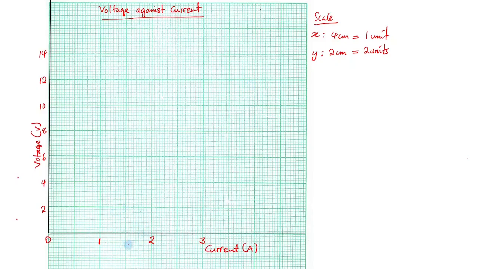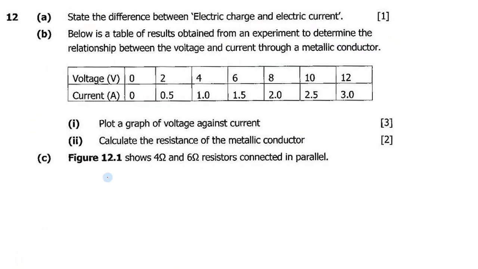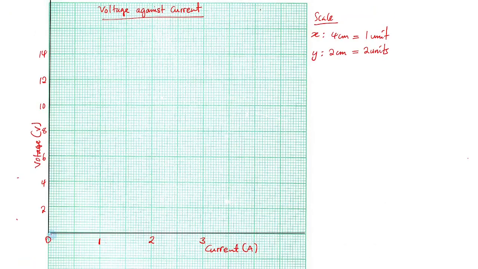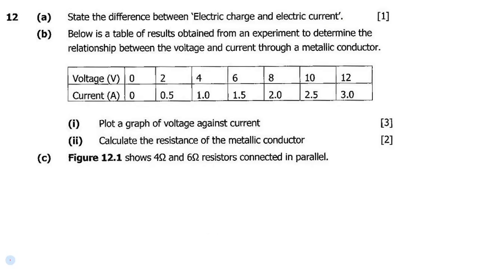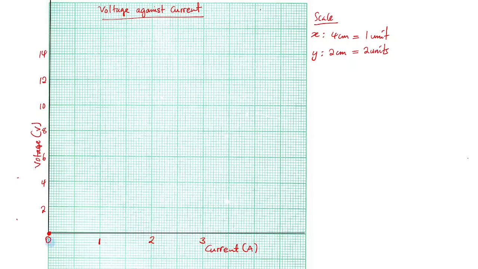So now when you do like that, you start plotting. So easy. Here you plot 0, 0. You put it here. Then you get back to this other one here. Oh, sorry, 0.5, 2. This is 1, so 0.5 is here, 2.